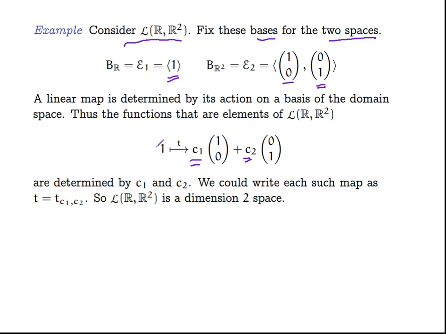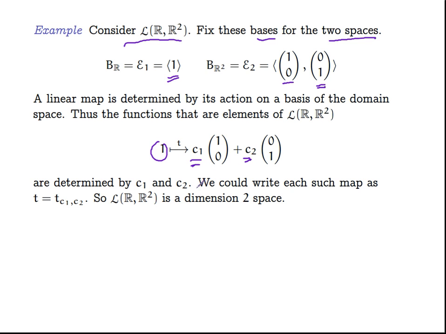So for instance, if I was going to map 2, I would extend this mapping linearly. So 2 would go to 2 times C1 times (1, 0) plus 2 times C2 times (0, 1). So we can actually write any such linear mapping from R1 to R2 in this way.